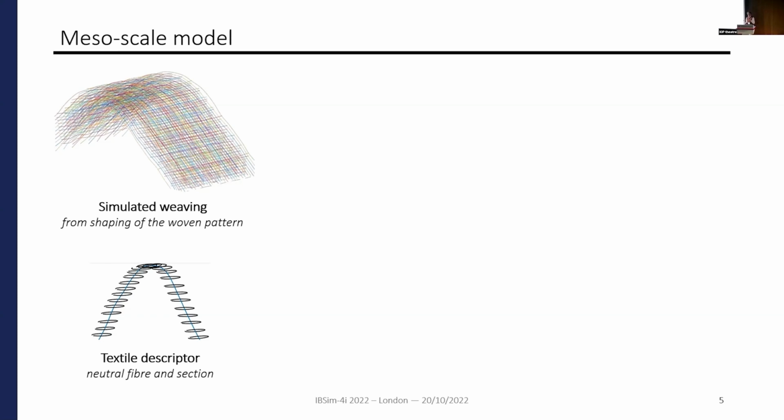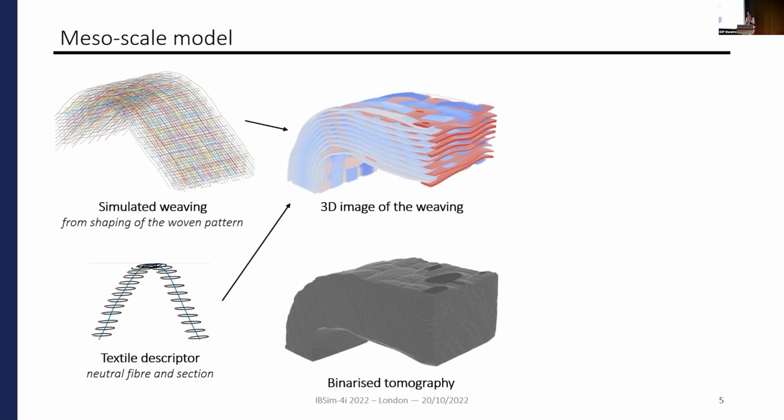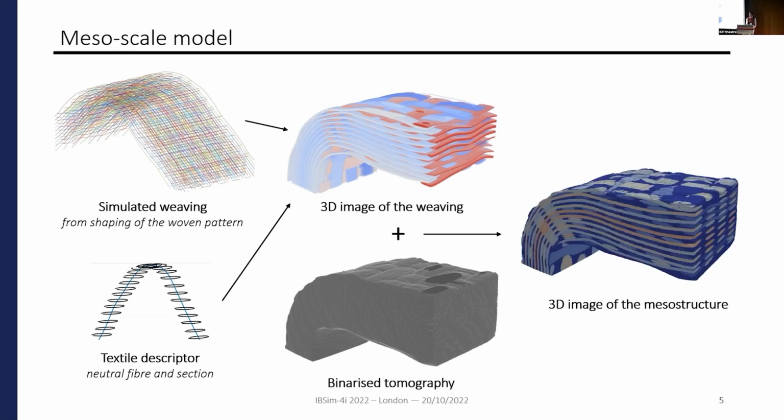And we used this simulated weaving and some textile descriptors to build an image of the woven structure of the sample. Then we superimposed this 3D image of the weaving on information from tomography. This information from tomography is typically the shape of the matrix, so the external shape of the sample, and the sub-voxel porosity. And then just by summing those two images, we have an image where each color corresponds to a level which corresponds to a material phase.